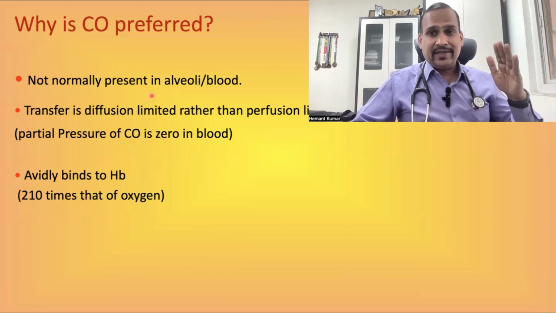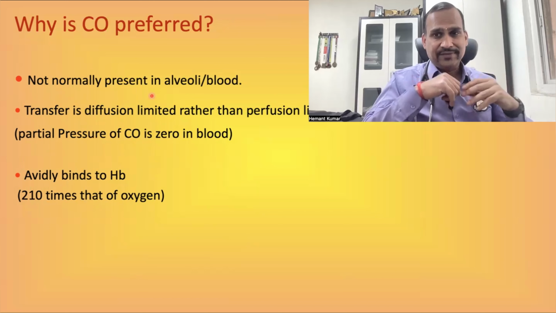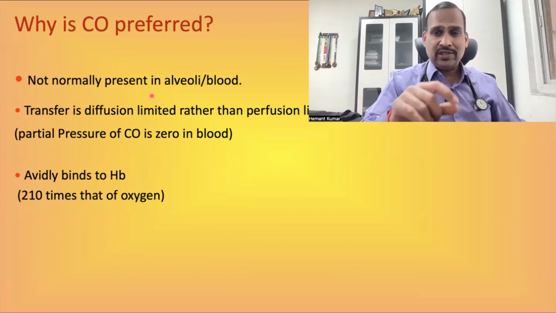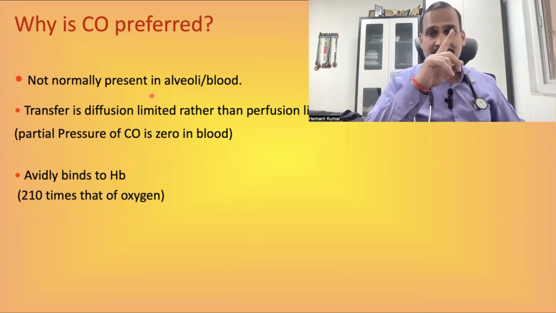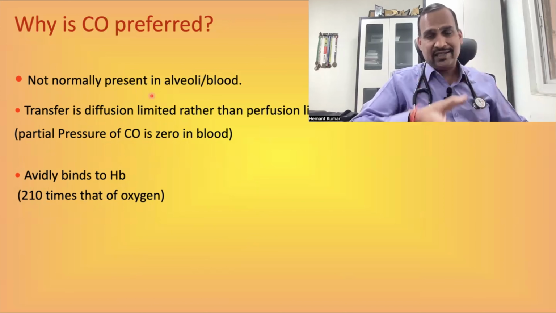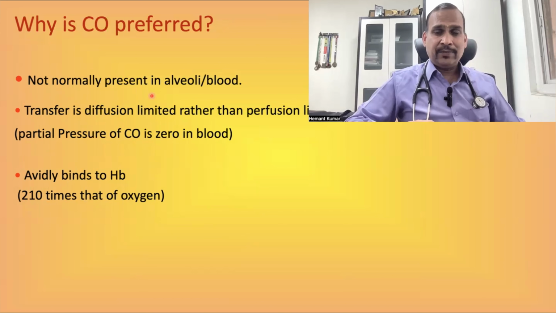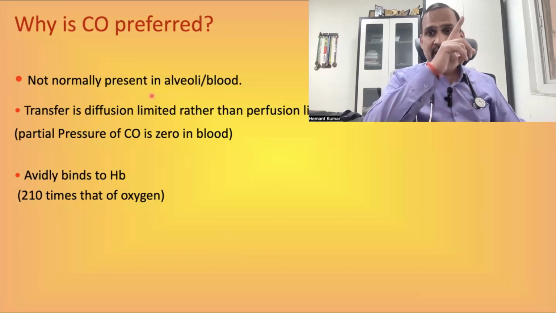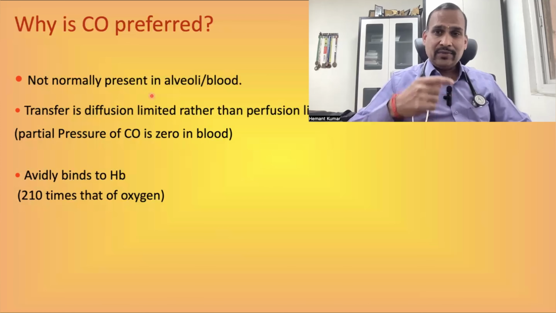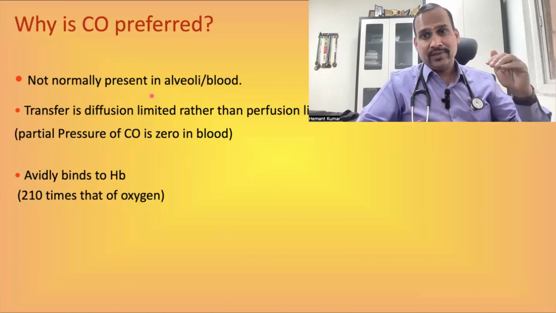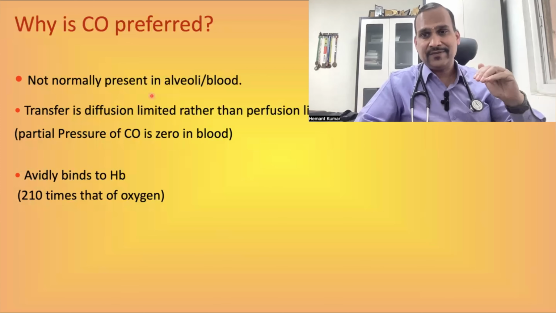If less gradient, then less transfer. Say for example, the partial pressure of oxygen in blood is 40. In alveoli it is 100. The gradient is 60. If we increase oxygen in blood capillaries, say for example to 80, and in alveoli it is 100, the gradient is 20. So in which condition will more oxygen diffuse? When the gradient is more, in the previous one, when the gradient was 60.